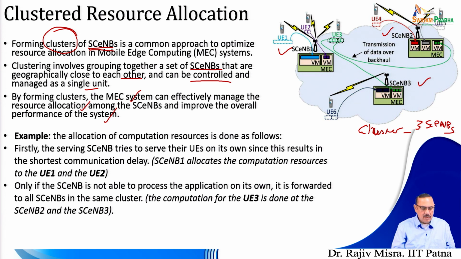Let us go ahead. So, the allocation of computing resources is done as follows. Firstly, the serving SCENB tries to serve its user equipment on its own, since this results in a short communication delay. So, for example, here SCENB1 allocates the computing resources to UE1 and UE2.